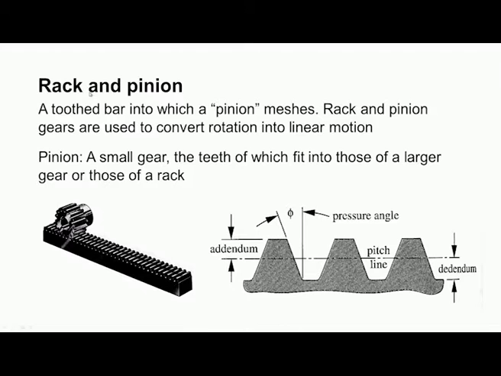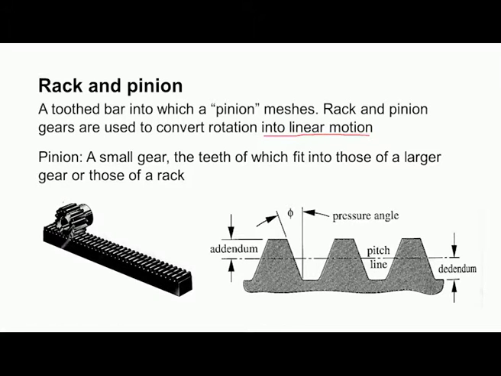We have rack and pinion type. I can see the picture here. The straight toothed bar is called the rack, and the smaller wheel is called pinion. Rack and pinion gears are used to convert rotation into linear motion.